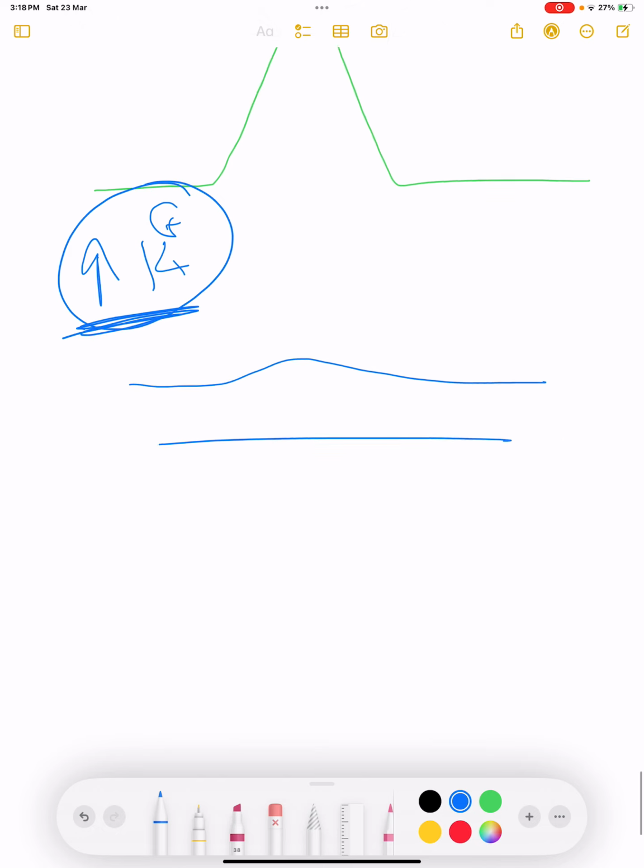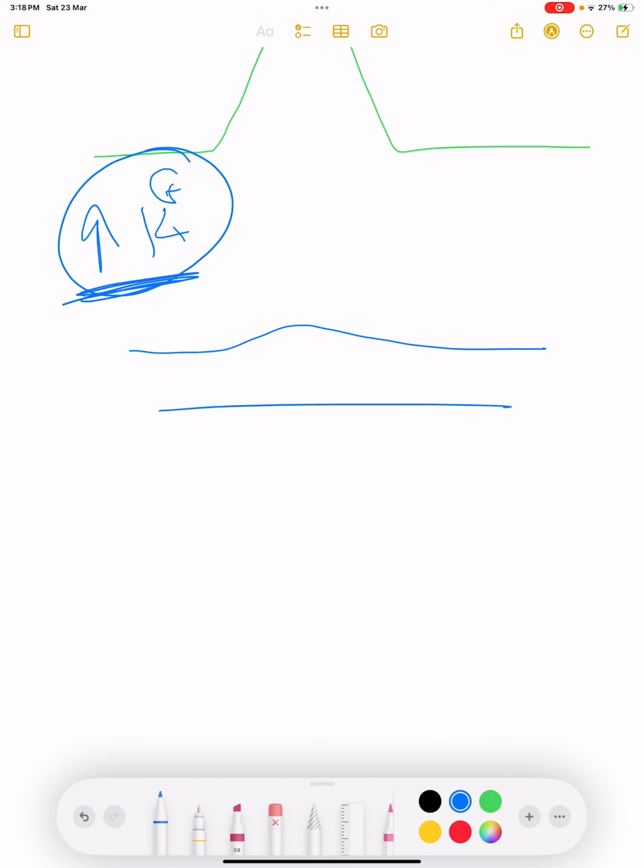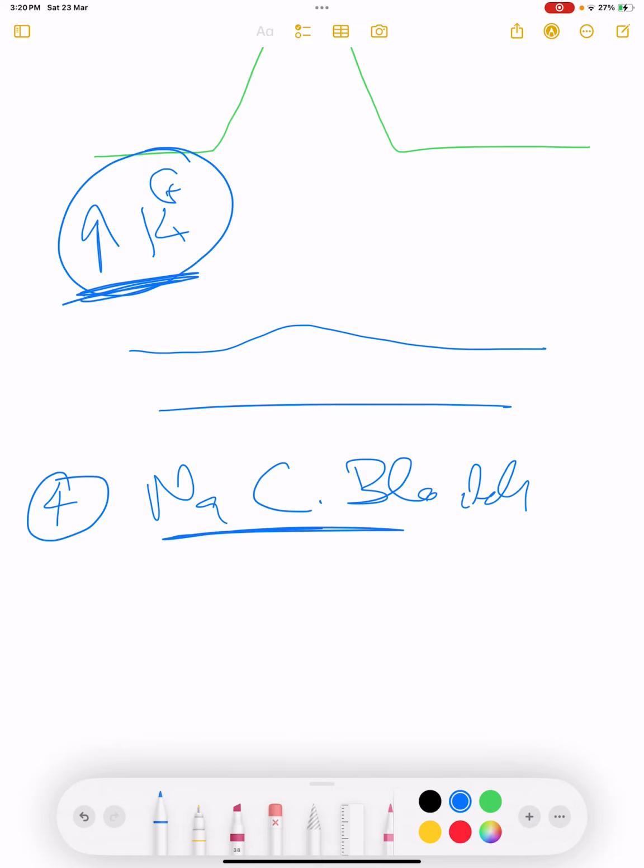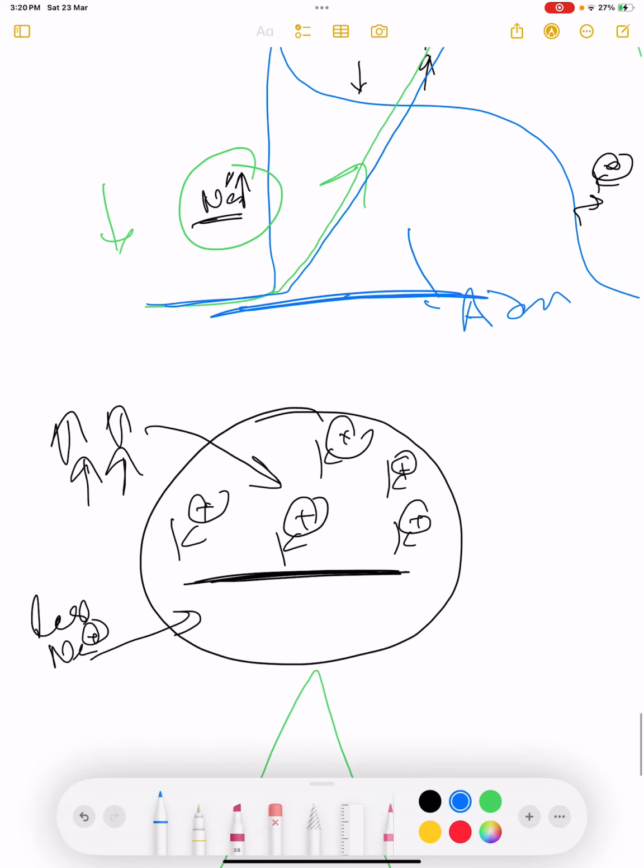Okay, so we have read about orthodromic conduction, bundle branch block, and hyperkalemia. And the fourth example is sodium channel blockers. Sodium channel blockers will also act in the same way.